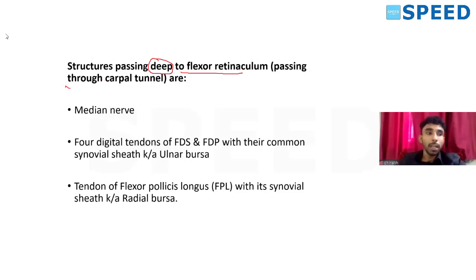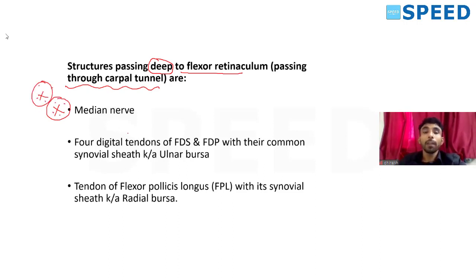So the only nerve passing through the carpal tunnel is the median nerve, isn't it? And what are the tendons passing deep to the flexor retinaculum? The 4 tendons of flexor digitorum superficialis and the 4 tendons of flexor digitorum profundus. And what is the common synovial sheath surrounding the 4 tendons of FDS and FDP known as?